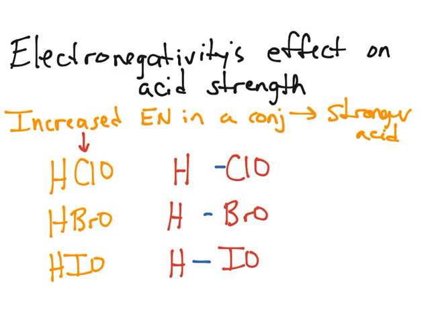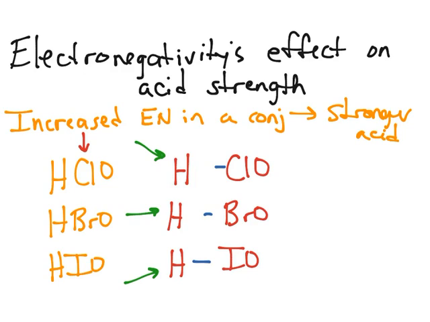Well, then think about which one of these hydrogens here is the easiest to remove from this compound. Since these electrons are spending so much time away from this hydrogen anyway, this is effectively just a proton, meaning it's going to be the easiest to lose that proton.